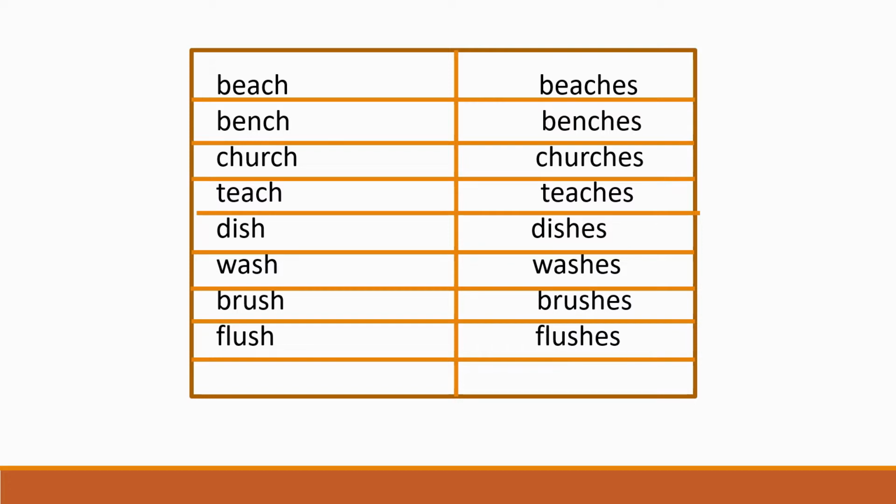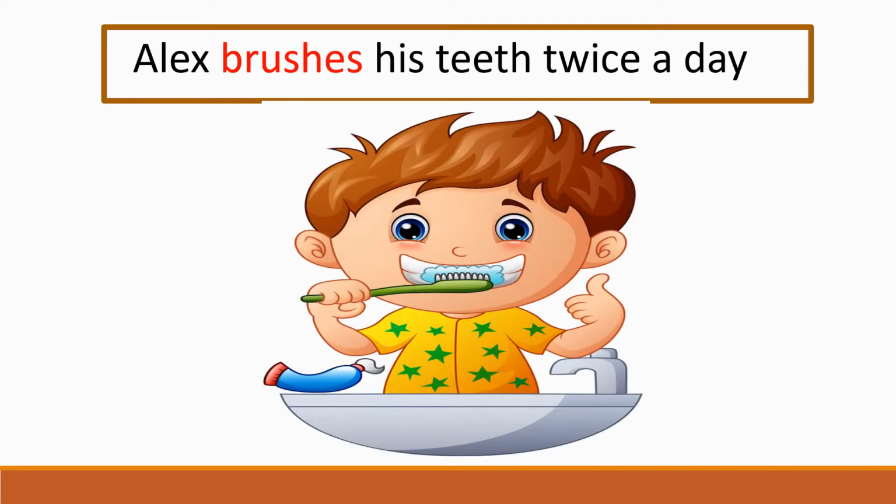Now let's see some examples. Now student, let's see this sentence. Alex brushes his teeth twice a day. Here Alex is a noun and Alex is a singular noun. Correct, student? So here the verb is brushes. We have added es to the verb.